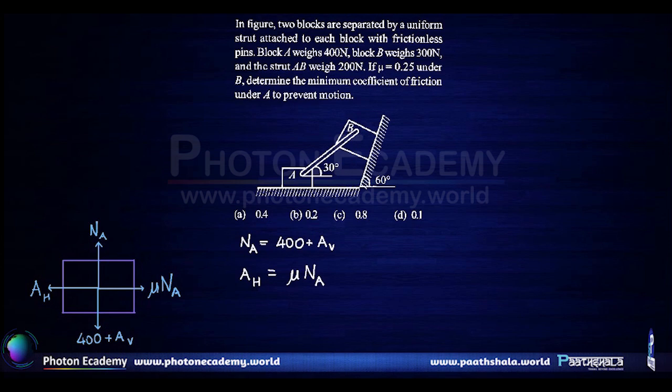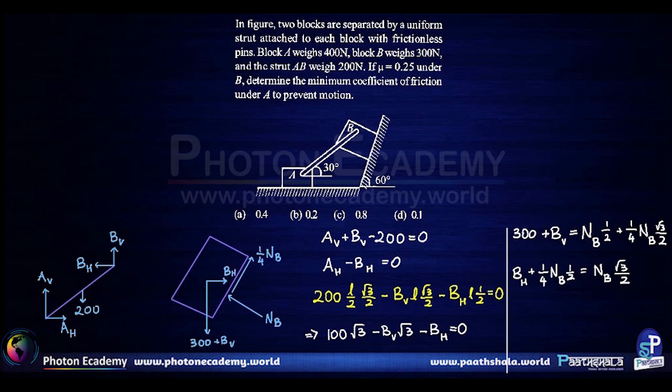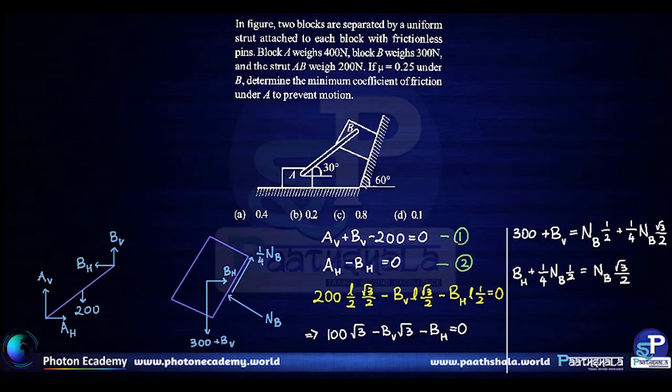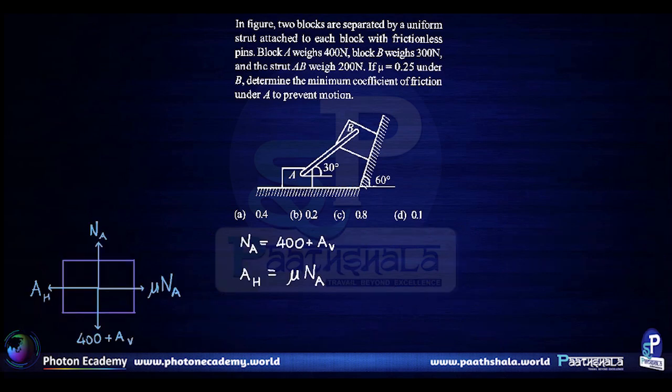So now we have 7 equations. Here's equation 1, here's equation 2, here's equation 3, and here are equations 4 and 5, and here is equation 6 and equation 7.